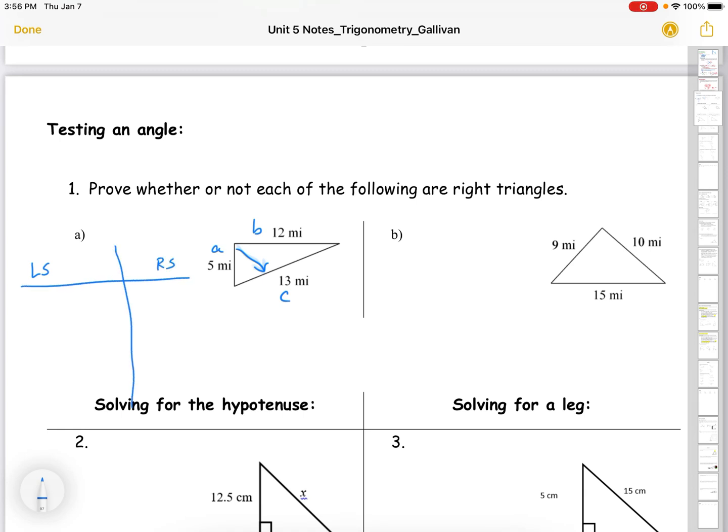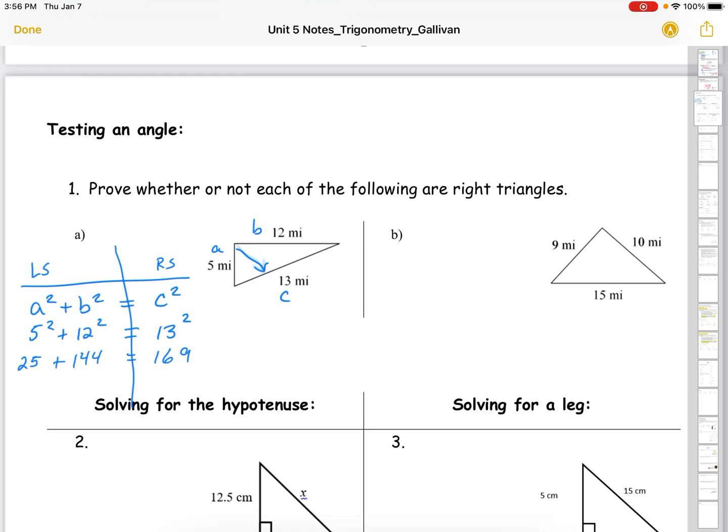On the left side, we have A squared plus B squared. And on the right side, we have C squared. So we're just going to substitute in 5 squared plus 12 squared and 13 squared. And if this works, they should be equal. So we'll get 25 plus 144 on this side, and 13 squared is 169.